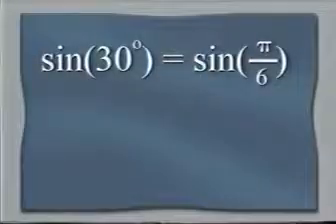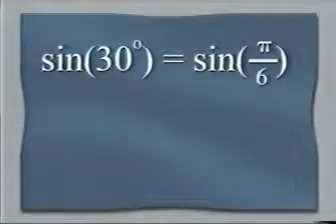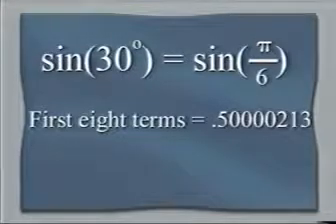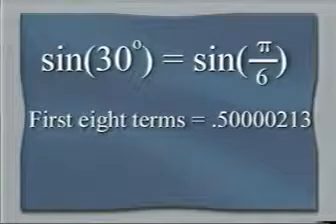But that's another story. Basically, let us use the power series, the Maclaurin series for sine of x, to find the sine of 30 degrees. And simply using the first 4 terms, as we saw before, down to the x to the 7th, we find out that the sine of 30 degrees, or the sine of pi over 6, is 0.5000213.